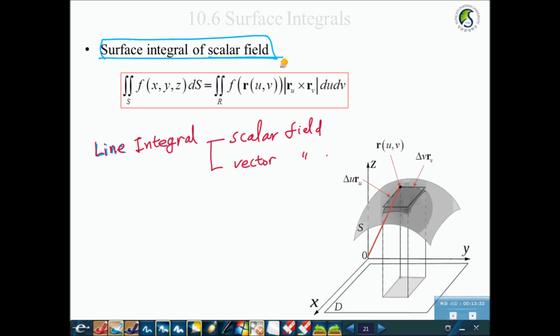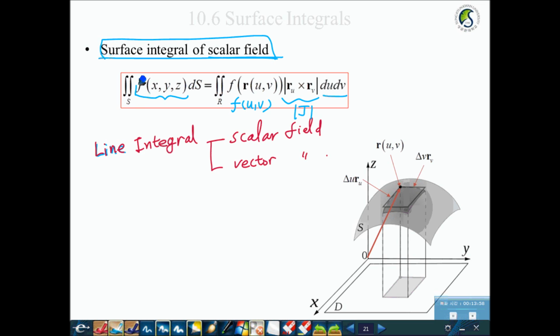For a scalar function given like f of x, y, z, ds is a function of f of uv, simply, times the Jacobian, and du dv.